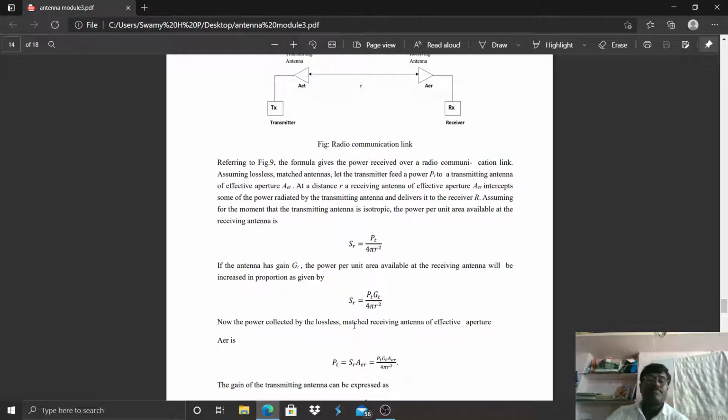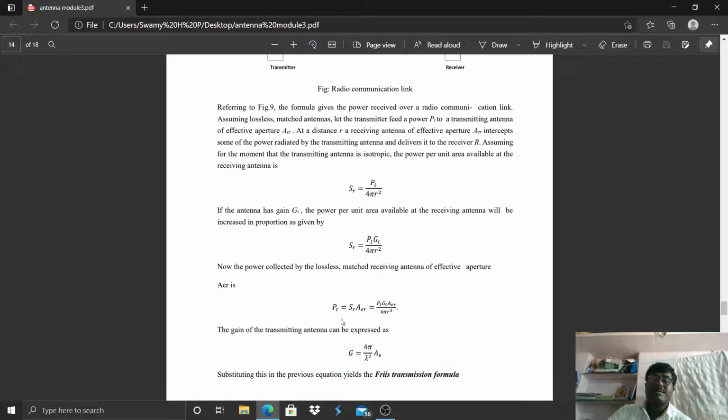At the same time, the power collected by the lossless, matched receiving antenna of effective aperture AER, PR, is equal to SR into AER, that is equal to PT GT into AER divided by 4 pi R square.